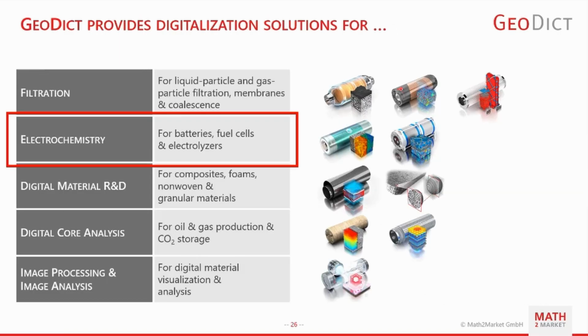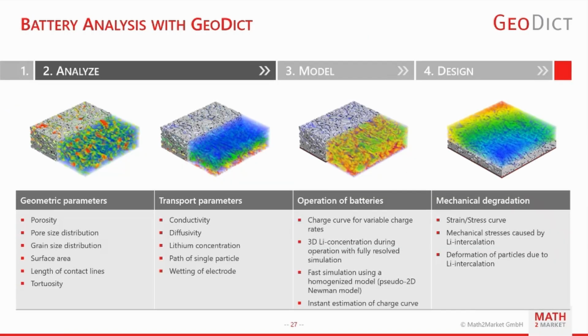So, going from filtration to the electrochemistry field. With electrochemistry, we will today focus on battery electrode materials. For these, you can determine geometric properties like porosity or pore size distribution, as you can do also for other application areas.